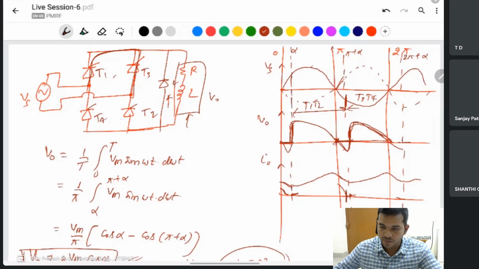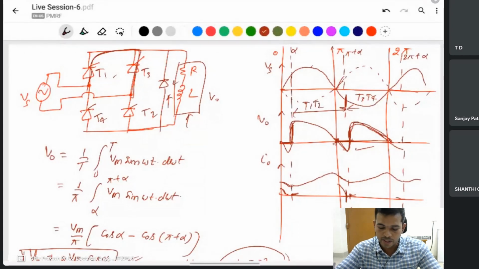So what is the advantage of the negative spike? In half control, the negative spike will not be present. If you analyze the input current, harmonics will be present in half control, the semi control, more than in the fully control.